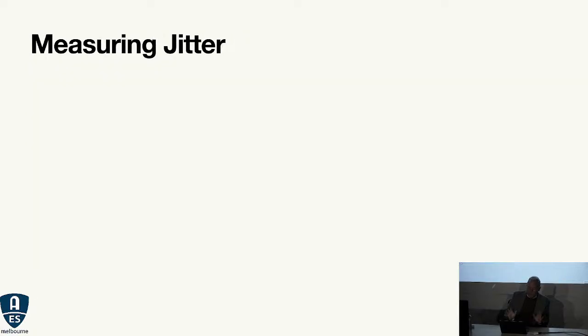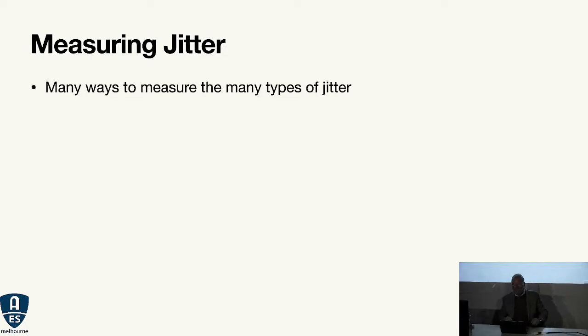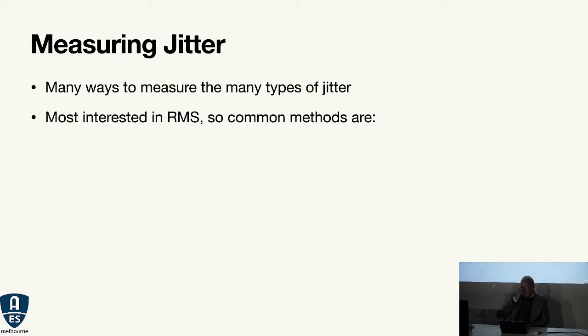So those are all nice. That's all good theory. But how do we actually measure this stuff? With all things jitter, there are many ways to do this. We're interested mostly in the RMS. There's a whole set of ways and gear to measure jitter that is the peak-to-peak kind, where you're interested in setup and hold times and so on.